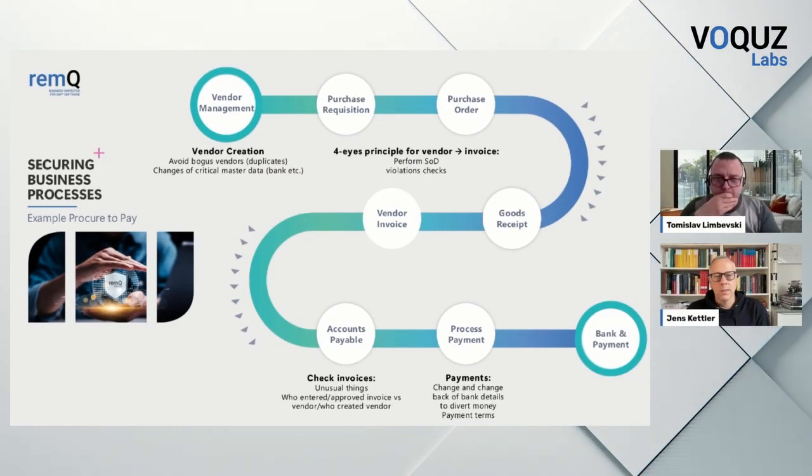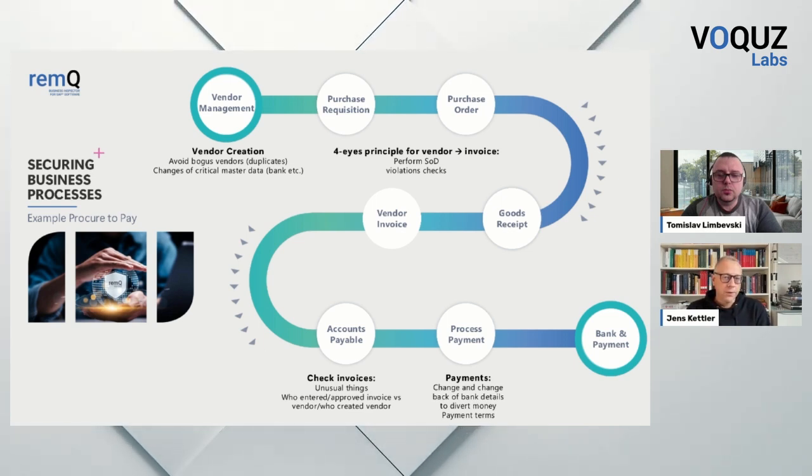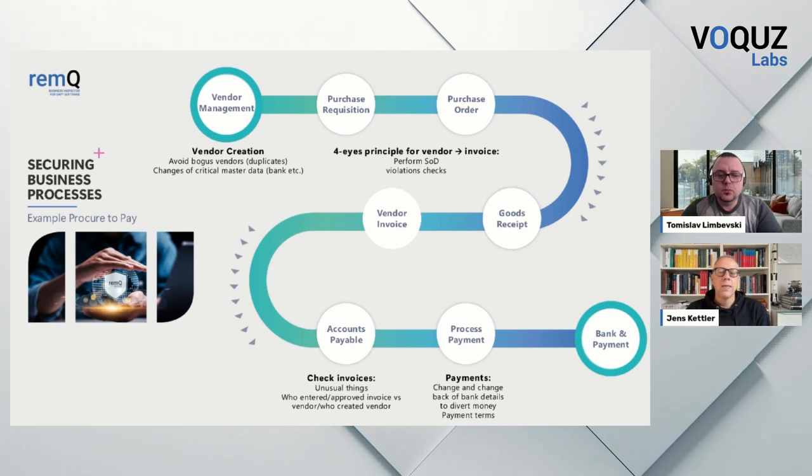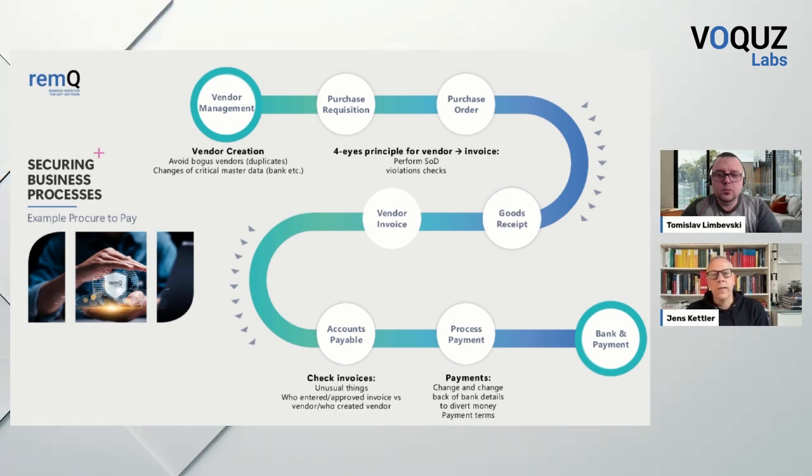Also, changes to vendor master data are critical. So, of course, in the end, if you really want to secure the system, access violation management and detection of these SOD violations is important. But there are other tools you should also have in your toolbox that complement this approach. And then you have these different SOD controls that you could do between the vendor creation and the purchase order or the invoice.